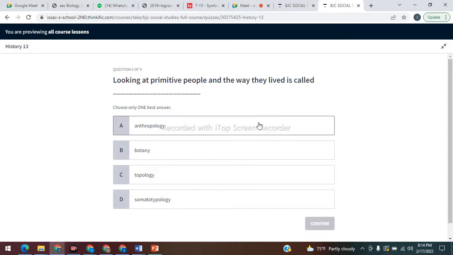Looking at primitive people and the way they live is called what? Anthropology, botany, topology, or somatopology?